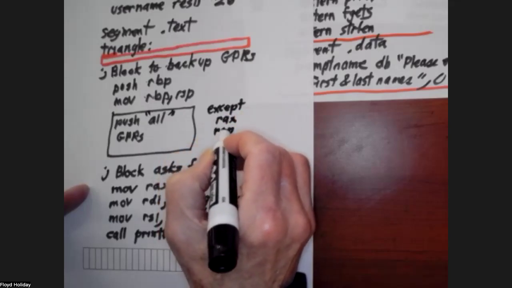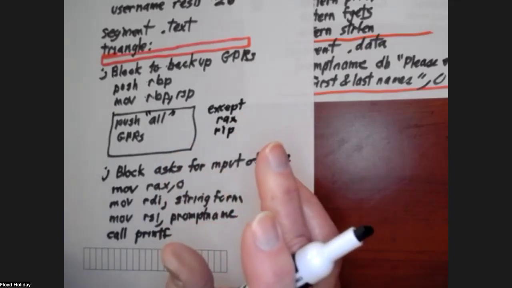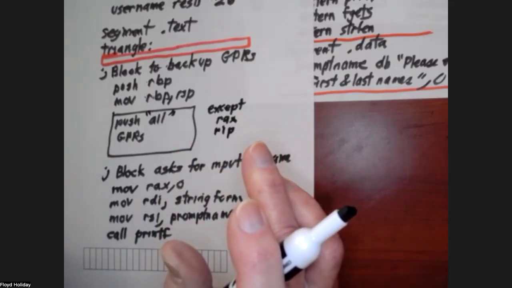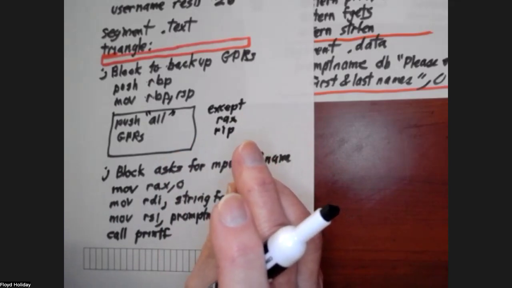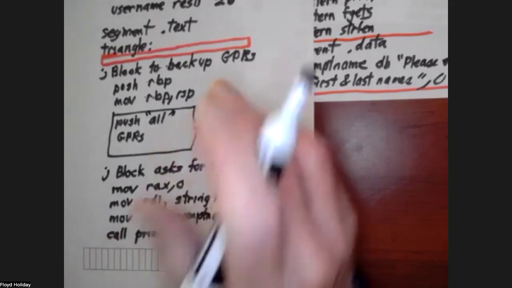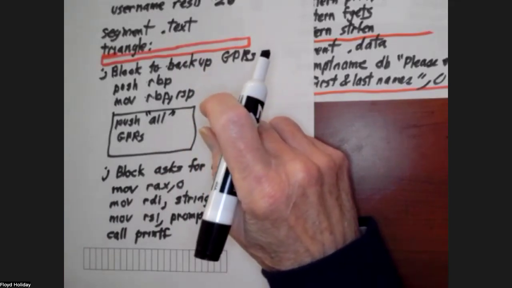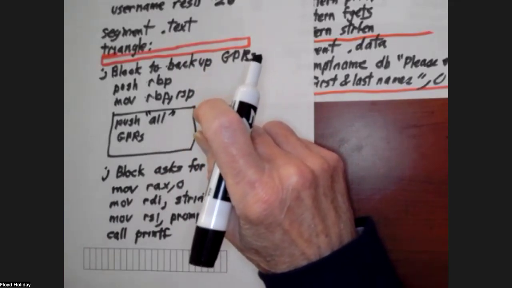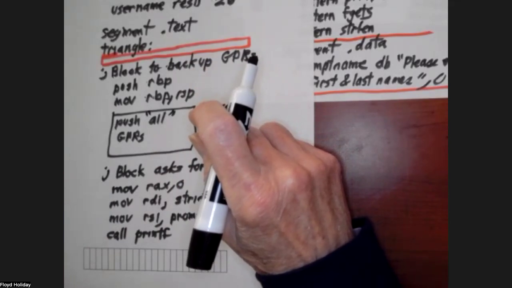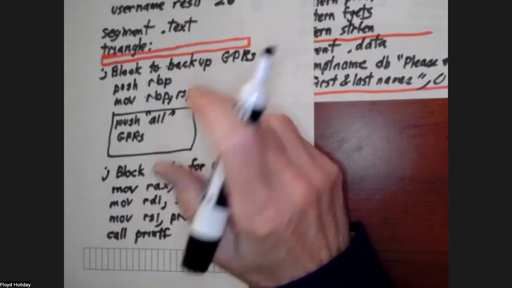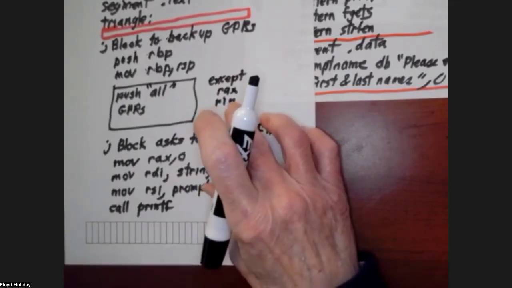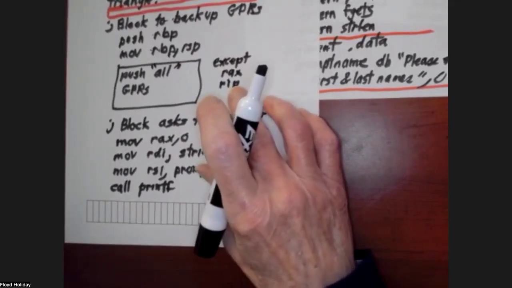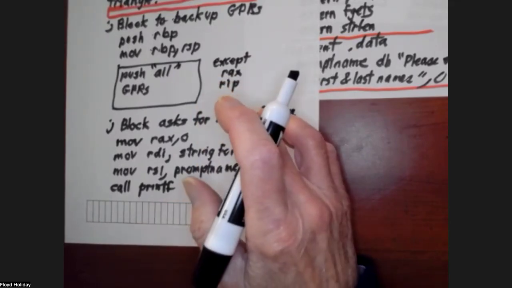RIP, we leave it out. And isn't there one more? I can't think of it. I thought there was a third one. RBP. No. Okay. We'll come to it if it's necessary. Those two are intentionally left out of the backing up process.